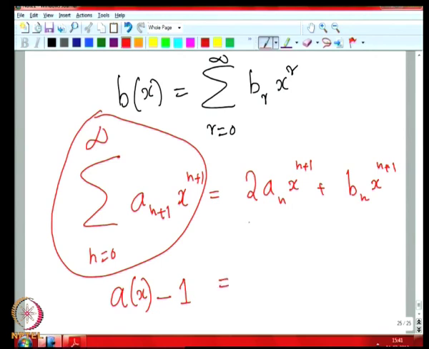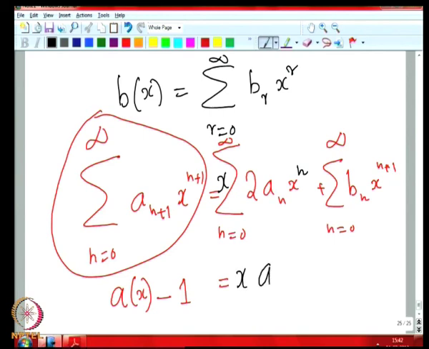On the other side, this also will sum, from n equal to 0 to infinity. Here we can definitely take out this x, so we just keep x raised to n here. So that means we have 2x into a of x here. This 2 comes out, x also comes out, then it is a n and x raised to n, and n is going from 0 to infinity, therefore that is a of x into 2x.